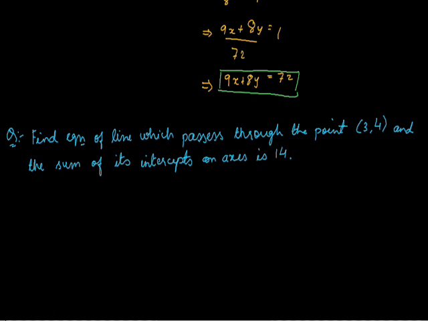So friends, over here we are provided that the required line passes through the point 3, 4 and the sum of its intercepts on the axes is 14.